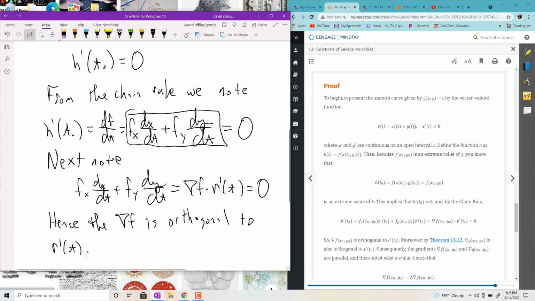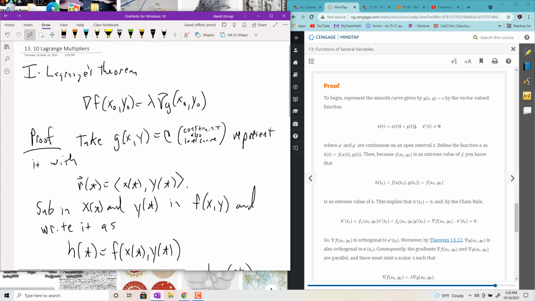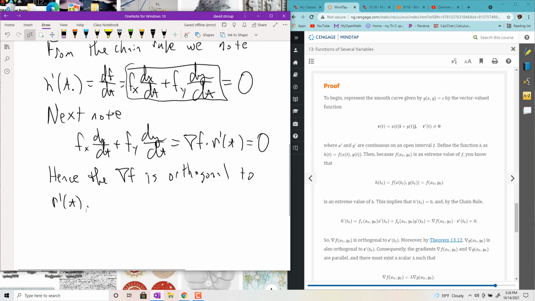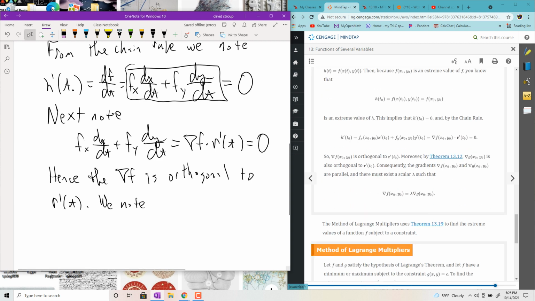Now the part about level curves becomes important, because this constraint curve, which is a level curve, is orthogonal to r prime of t as well. That's from Theorem 13.12 over here on the right. If you click on that hyperlink, you'll go back in time to that theorem.